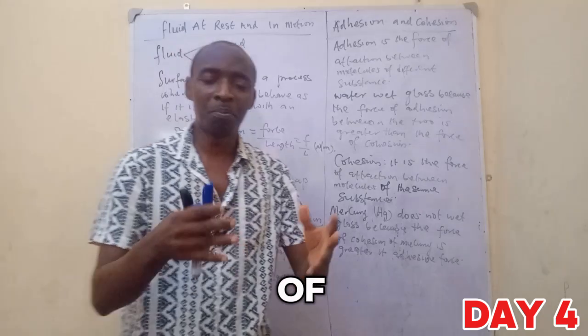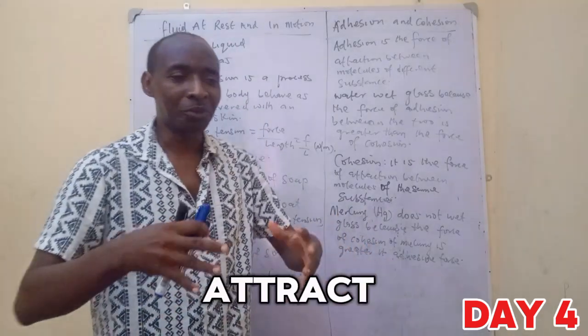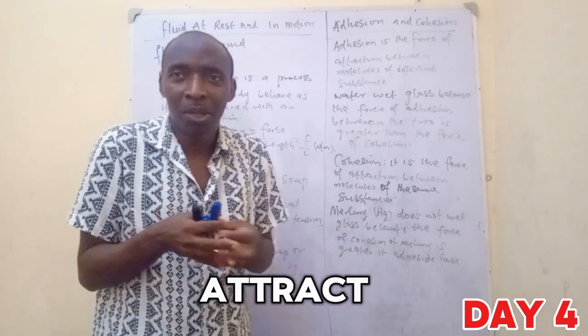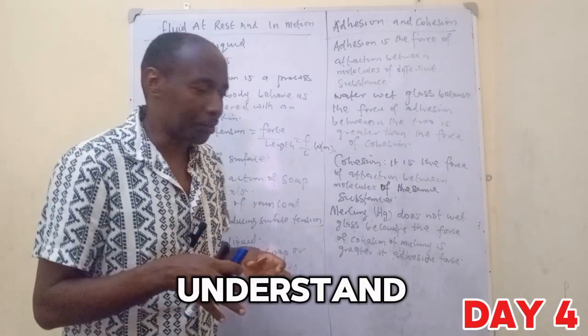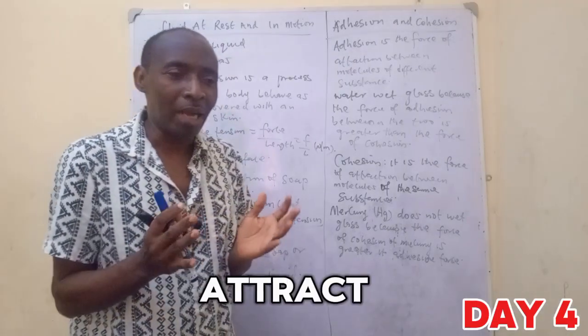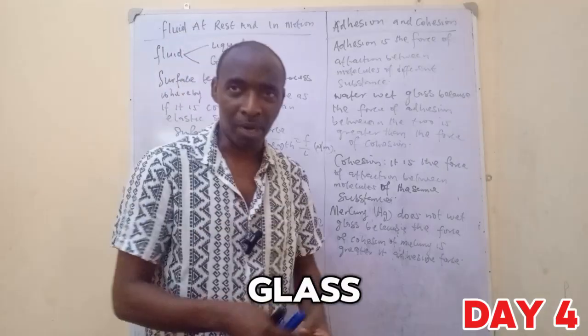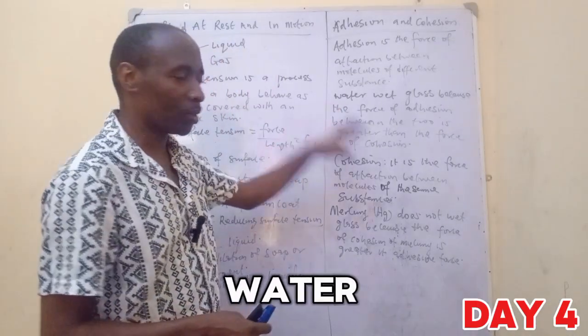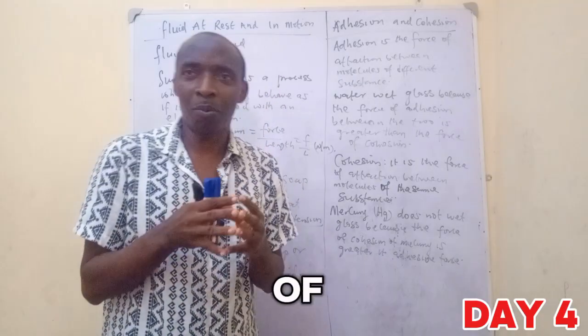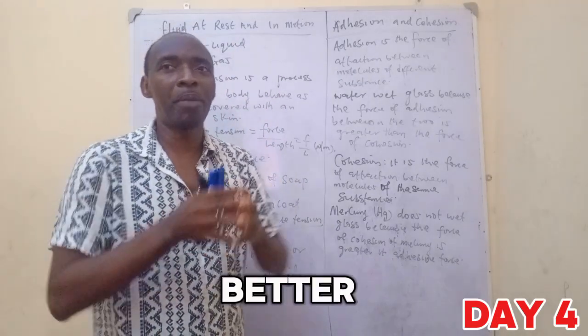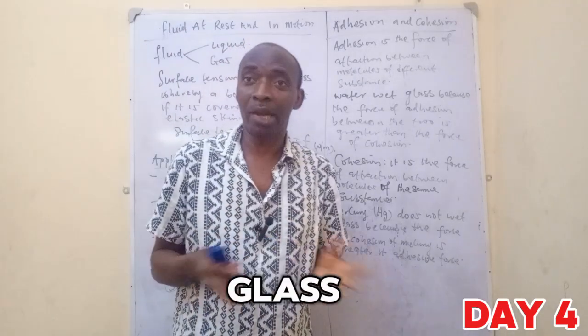The molecules of mercury tend to attract each other better than they are attracted to molecules of glass. But when you look at water, the molecules of water tend to attract better to the molecules of glass.